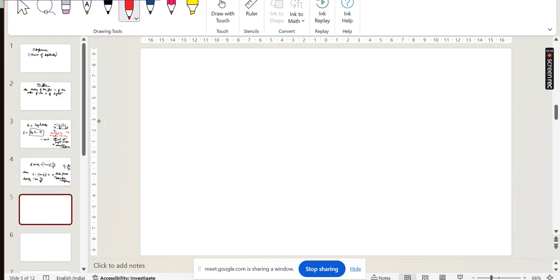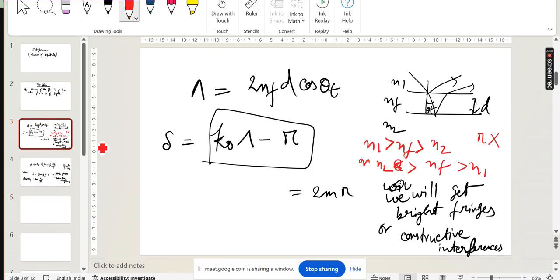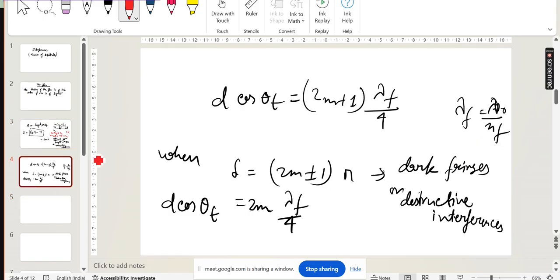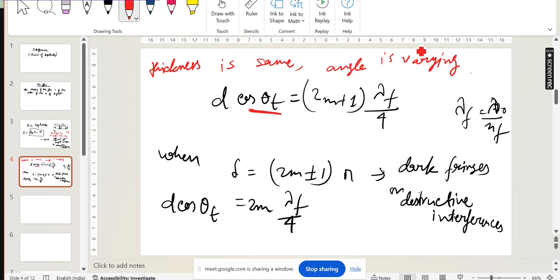Till now, in the equation you can see the thickness is the same and the angle is varying. This kind of fringes are called fringes of equal inclination.